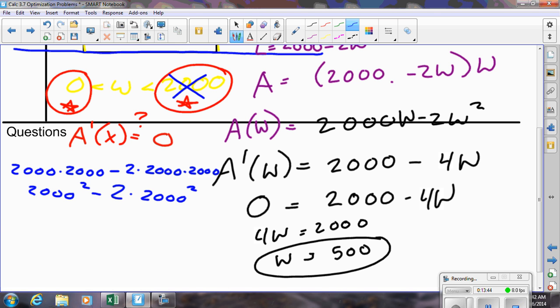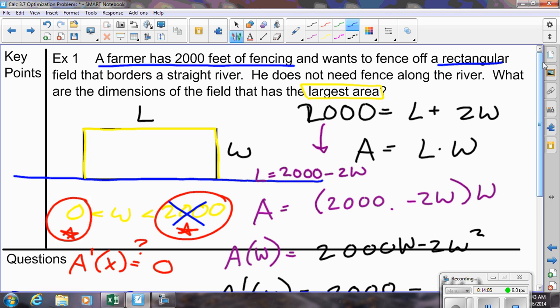But ultimately, what we're saying then is, this is the last possible value. The maximum area occurs when the width is 500. Did the question ask us what the maximum area is, or did it ask us what the dimensions for the maximum area are? To finally answer the question, it just said, what are the dimensions?